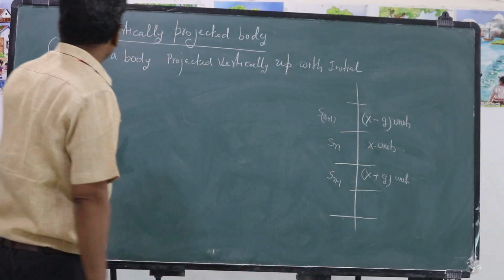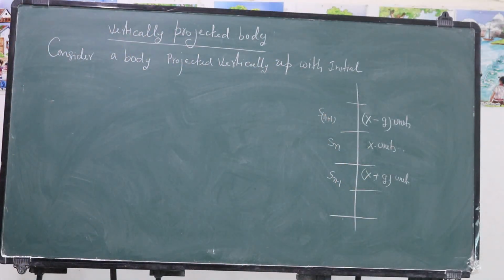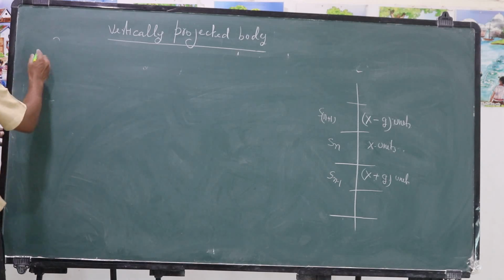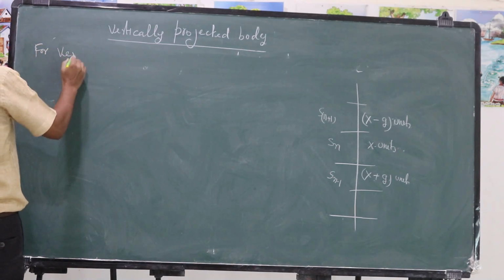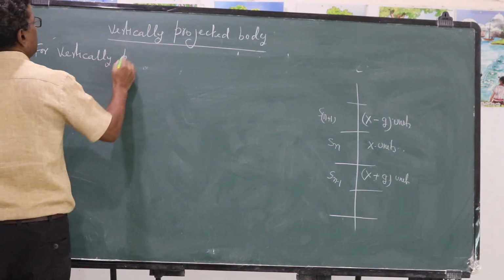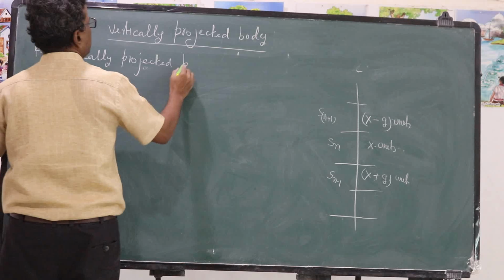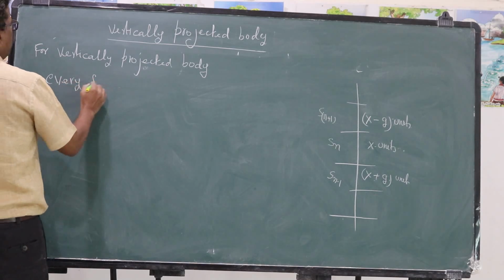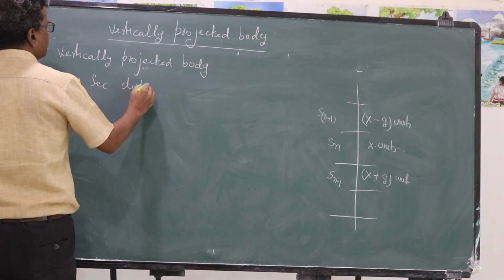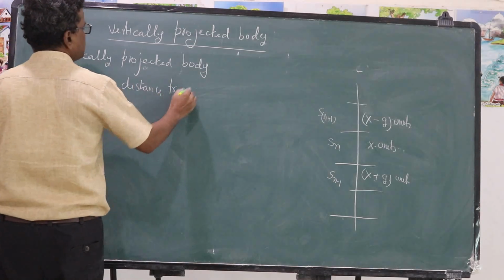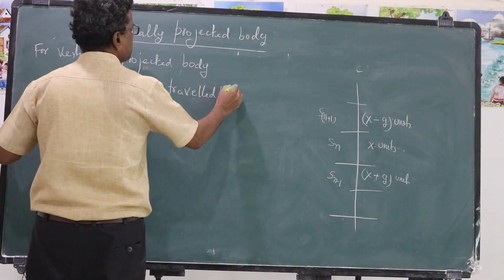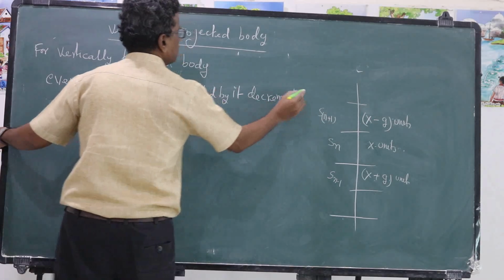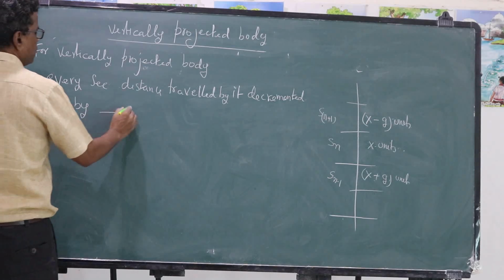So for vertically projected body, every second the distance traveled by it is decremented by dash units.